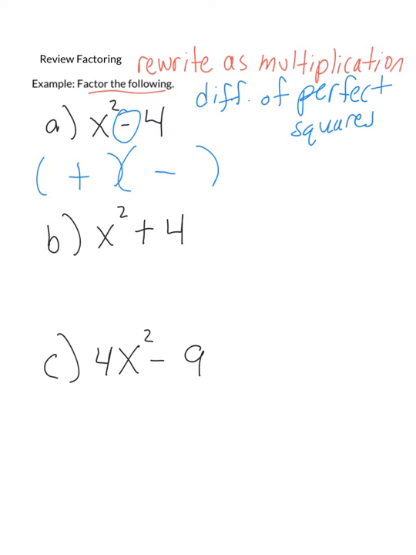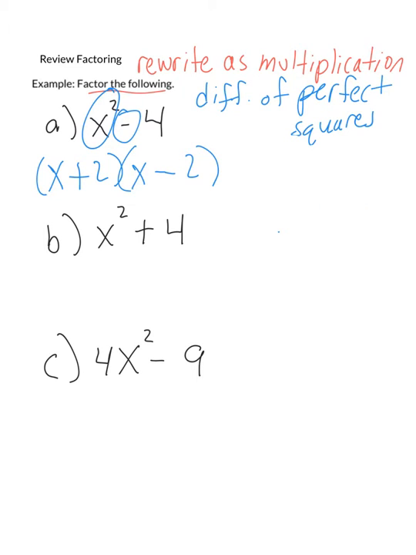And then the square root of the first term goes in the first spots of the parentheses. We just said the square root of x squared is x, so that goes in the first spots. The square root of the last term goes in the last spots. So the square root of 4 was 2, so 2 goes in the last spots.